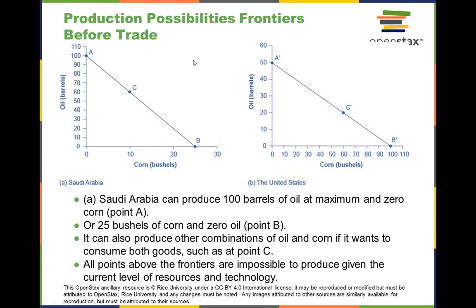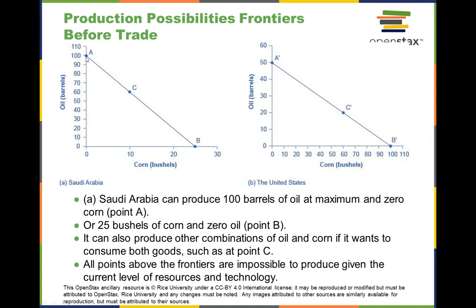So the production possibilities frontiers before trade. This looks, for instance, at corn and oil. Corn is on the horizontal axis, oil on the vertical axis. Saudi Arabia can produce 100 barrels of oil at a maximum point and 0 corn.